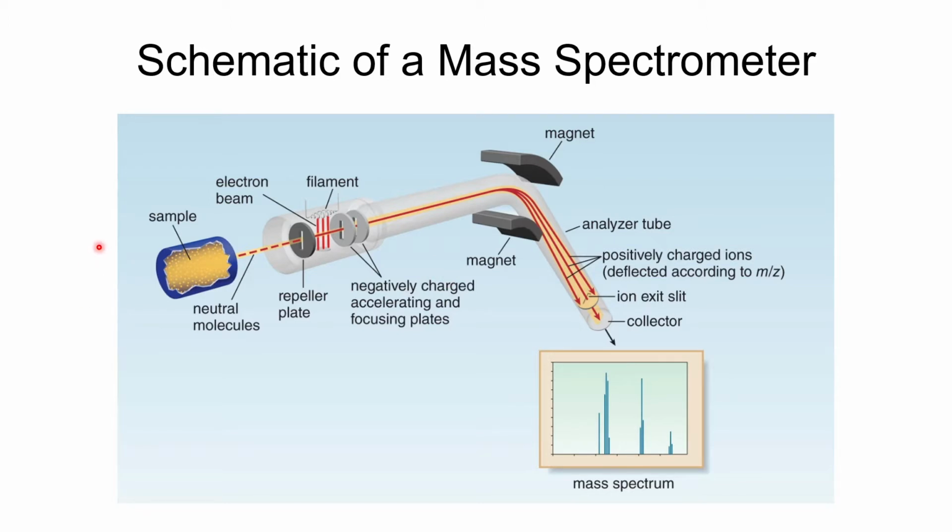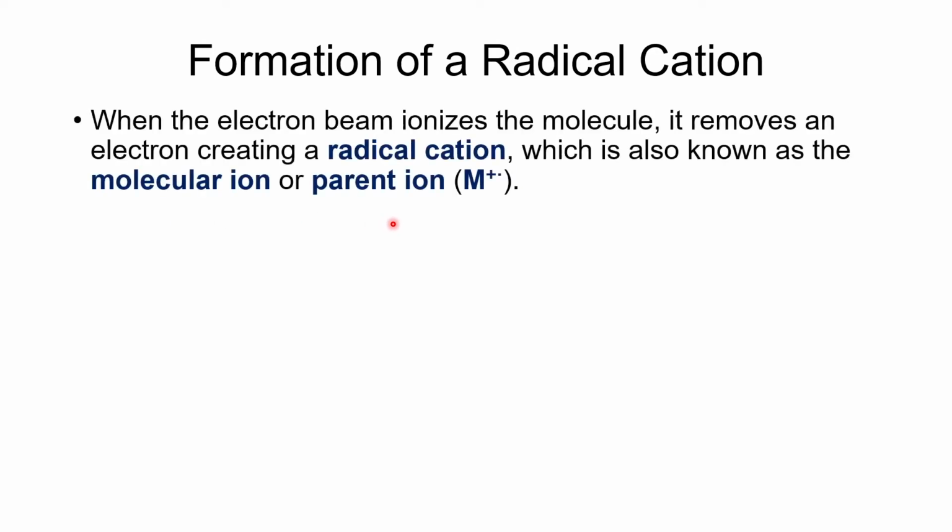So let's look at a few details having to do with mass spec. What actually happens to the molecule when you hit it with the beam of electrons? Well, when that beam of electrons hits the molecule, it removes an electron. And we saw in the last chapter, anytime you remove an electron, you can create a radical.